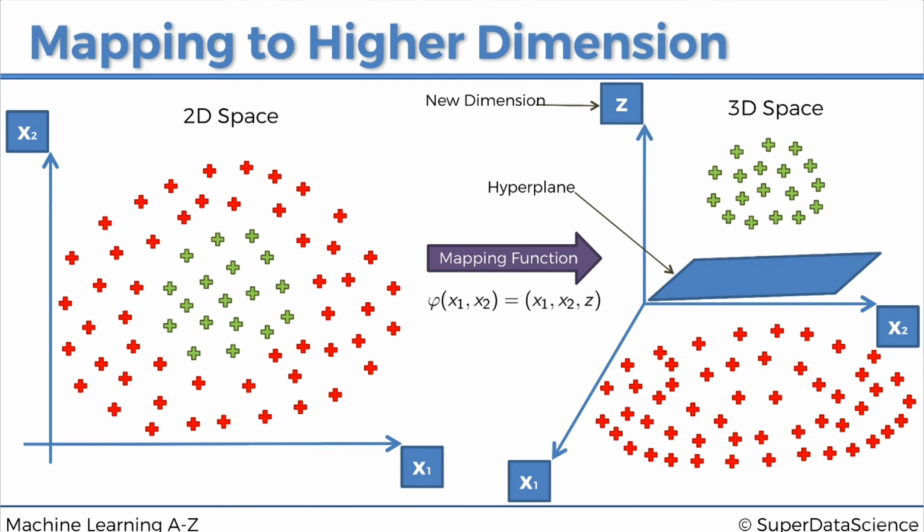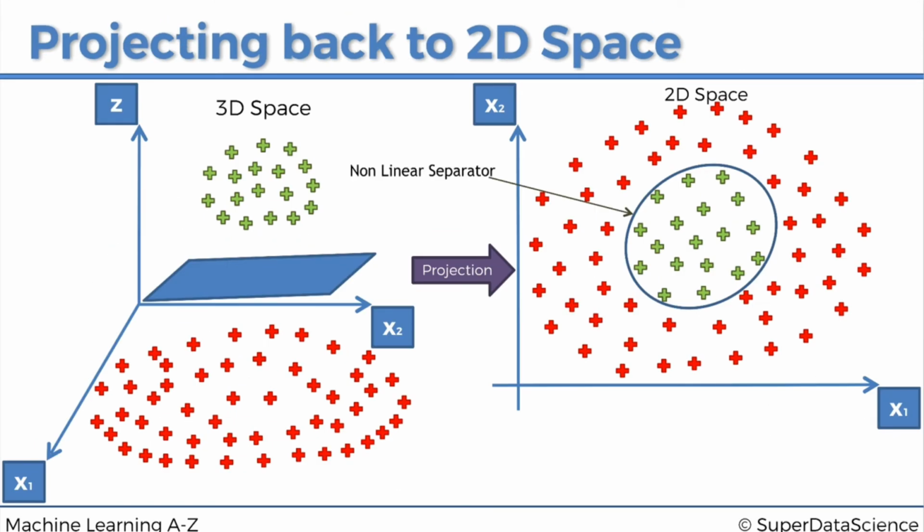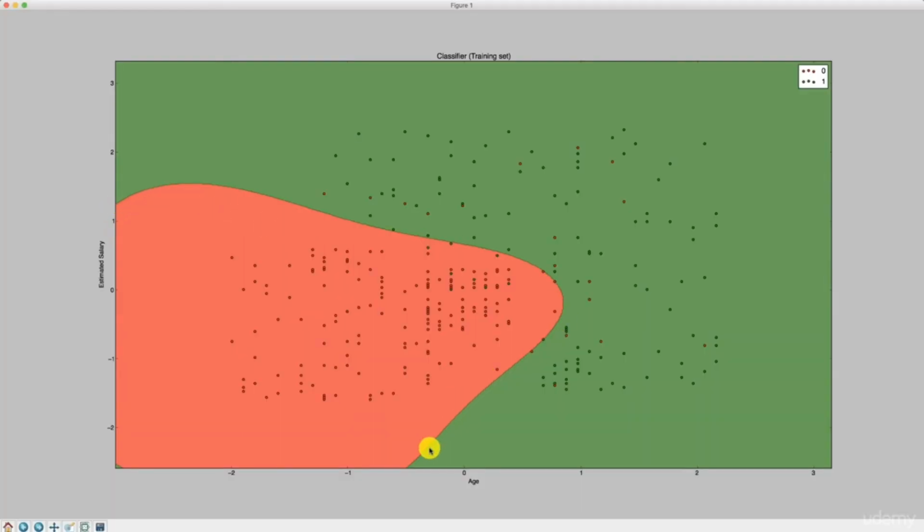And that is by using this mapping function that Kirill talked to you about, this mapping function that takes the data that was originally in a two-dimensional space into a three-dimensional space in which the data is now linearly separable. Then it found a linear boundary hyperplane in this higher dimensional space, that is the 3D space, and then it projected back to this two-dimensional space to finally obtain this curve here that separates well the data. Okay, so that's it for the training set, and now let's look at the test set.